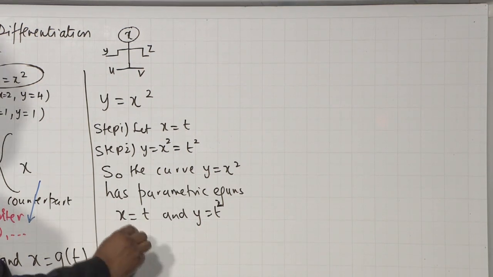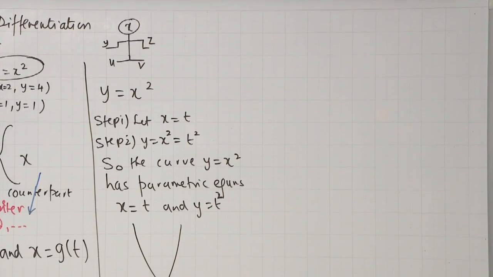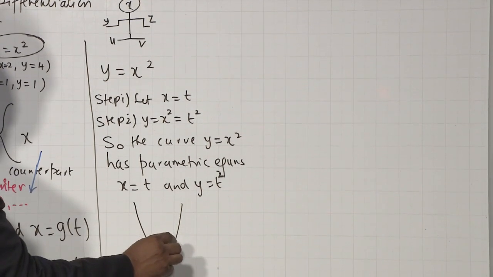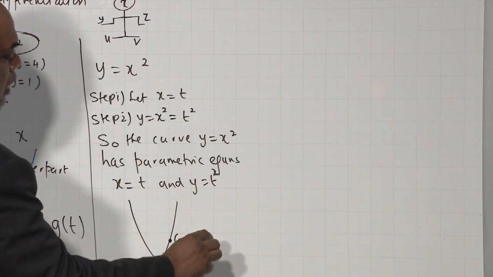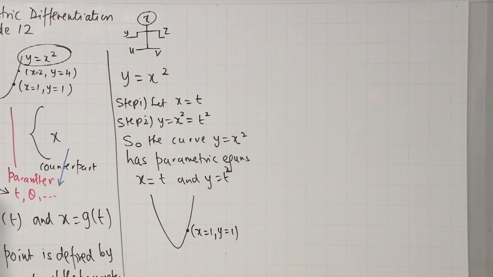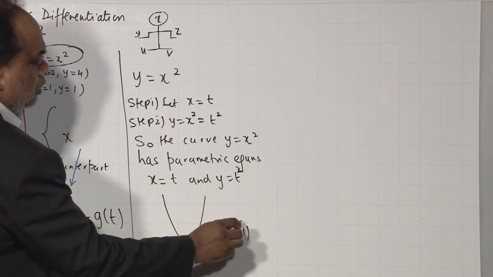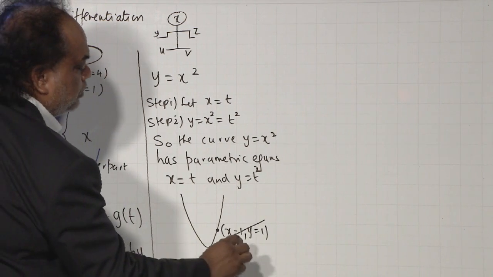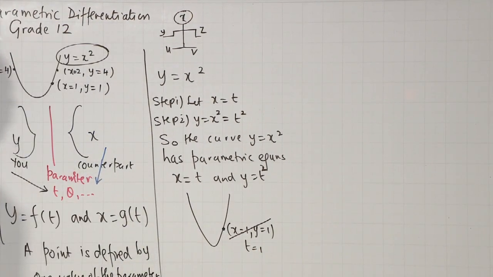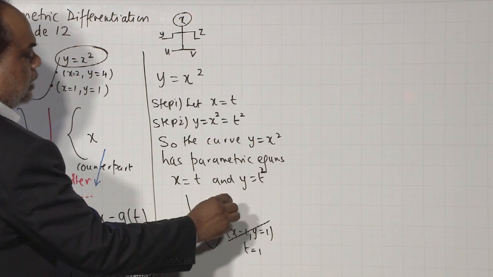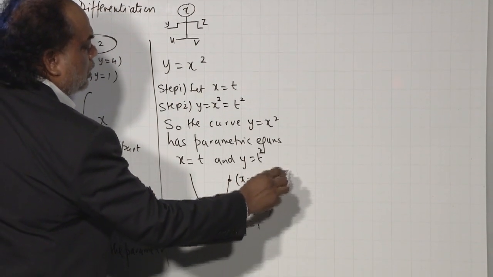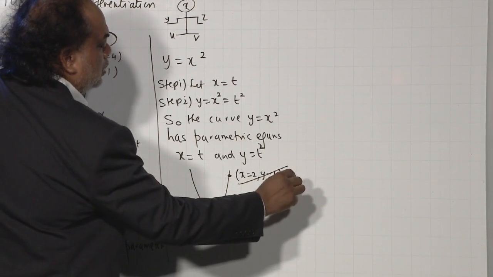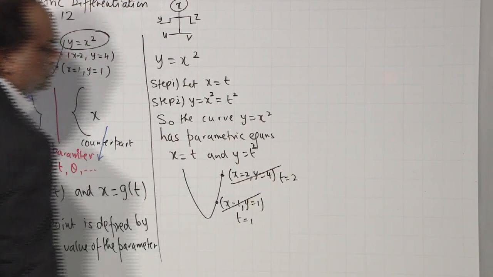Now, let's look at this point. x equal to 1, y is equal to 1. Instead of saying x equal to 1, y is equal to 1, I will simply say t is equal to 1. Here, x equal to 2, y is equal to 4, I will simply say t is equal to 2.